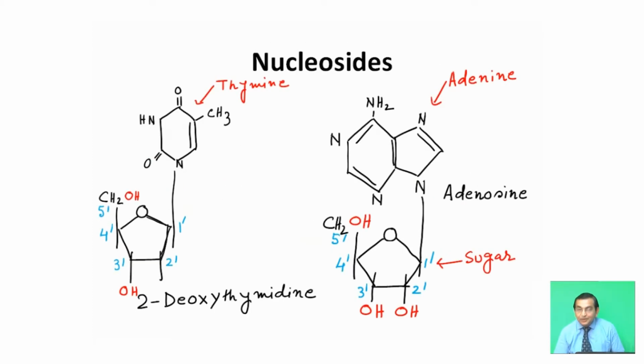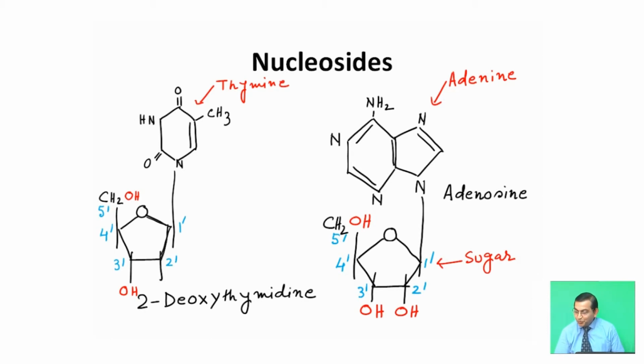Now, DNA's building units are nucleosides and nucleotides. Nucleosides consist of a base and a sugar. So deoxythymidine means that the thymine base binds with a deoxyribose sugar.